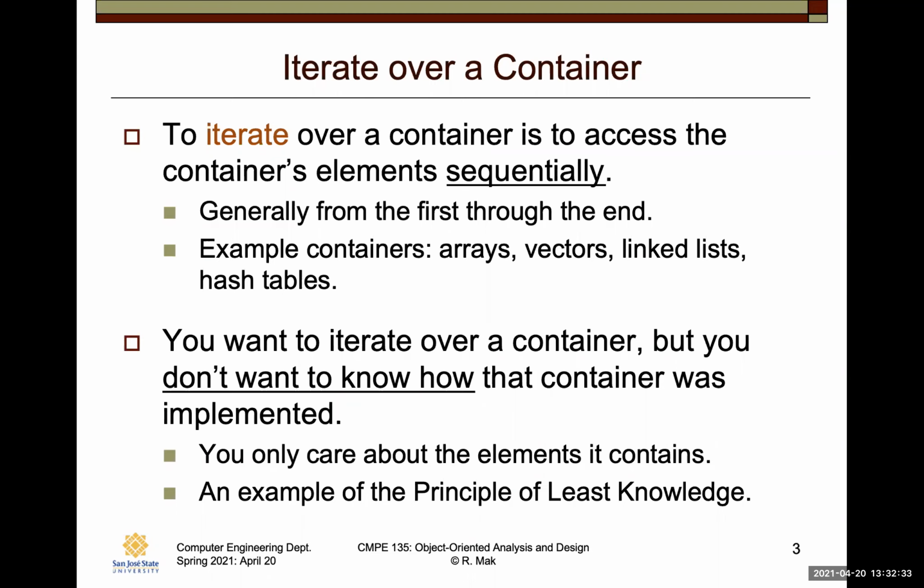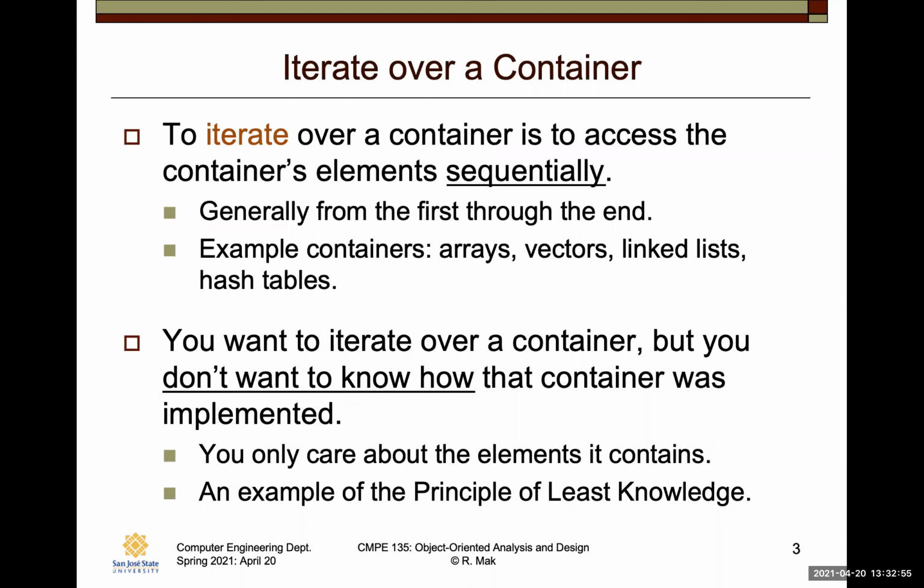And what the iterator will allow you to do is to iterate over the elements without knowing how the container is implemented. So if you have an iterator, it won't matter if the container is an array or a vector or a linked list or even a hash table.